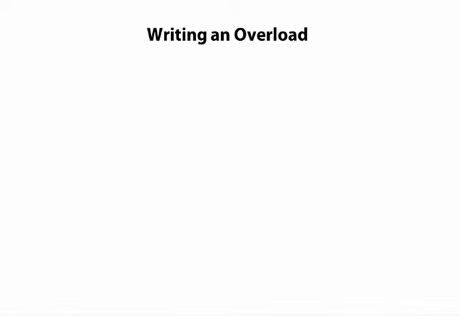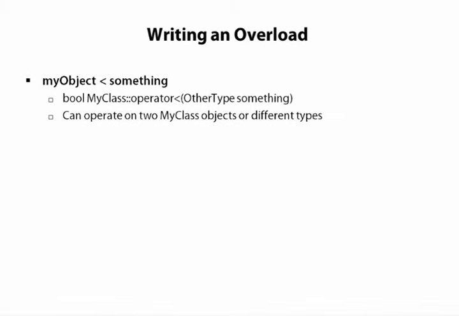There are two ways to write an overload: as a member function of whatever type is before the operator, and the function takes an instance of the type that's after the operator, or as a free function, it's not in any class, that takes two parameters: the first, the type that's before the operator, and the second, the type that's after it. When it's your class, you should always try to write it the member function way.